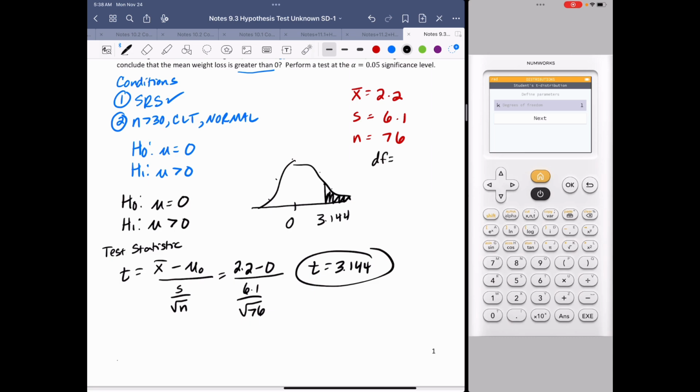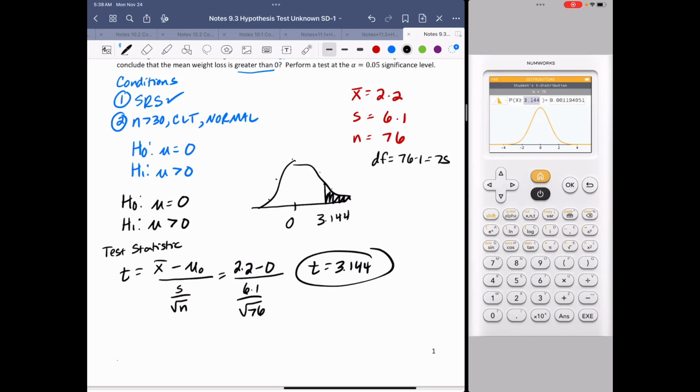Remember, every student's T is different based on the sample size. So my DF is going to be 76 minus 1, 75. And I'm going to do a right tail test. And I want the probability X is greater than or equal to 3.144.